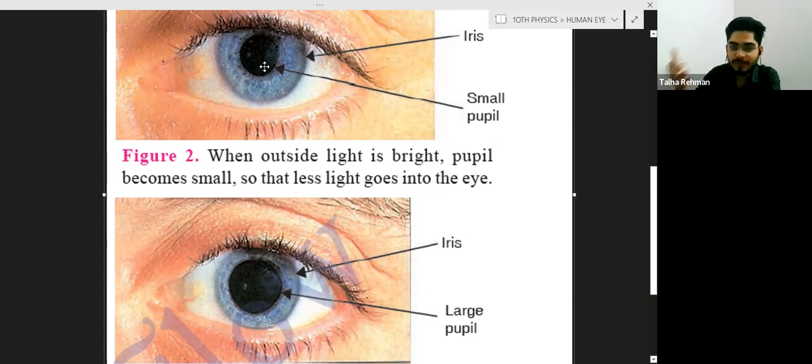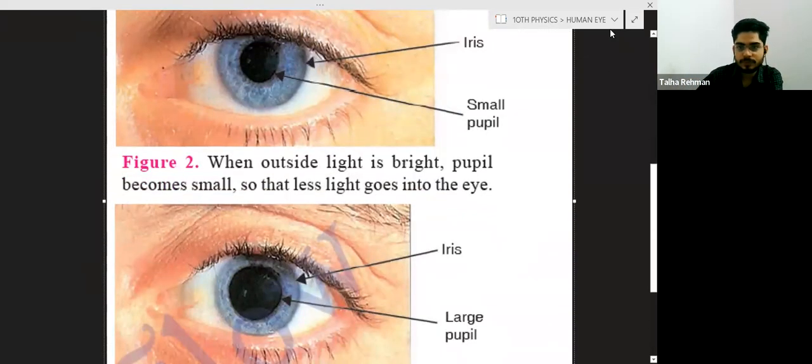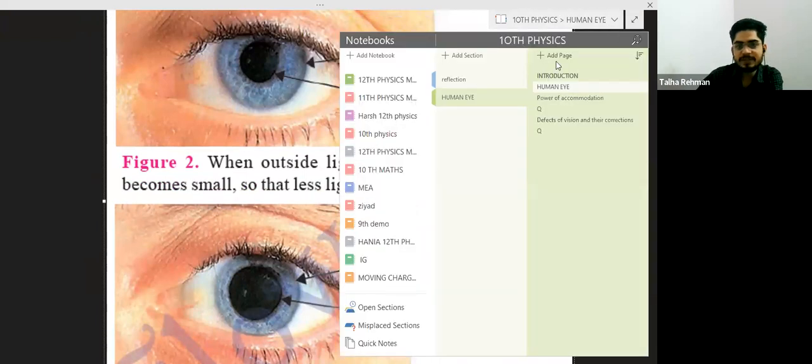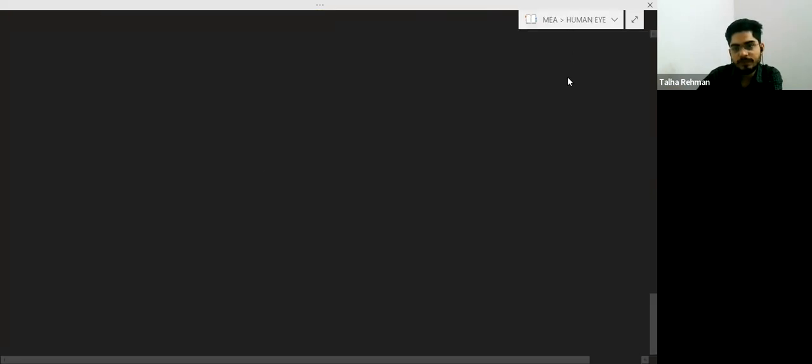So the size of the pupil is controlled by the iris. So you can say the intensity of the light is controlled by the iris, by adjusting the size of the pupil. And the basic things we have completed also in the human eye.